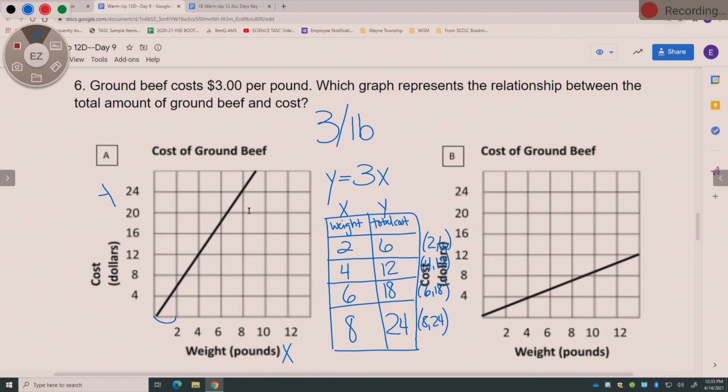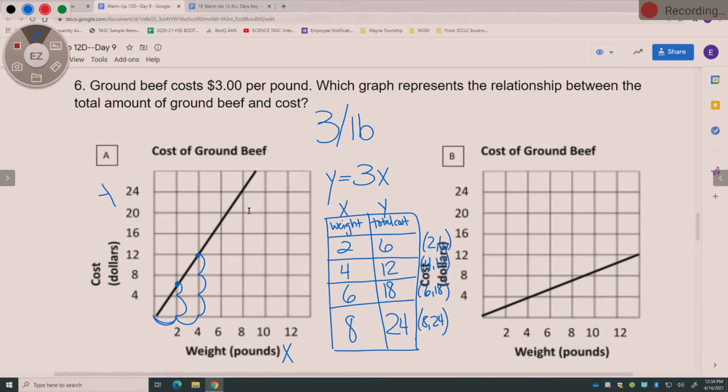2 pounds and $6. Yeah, it's looking pretty promising. Then 4 pounds and $12.